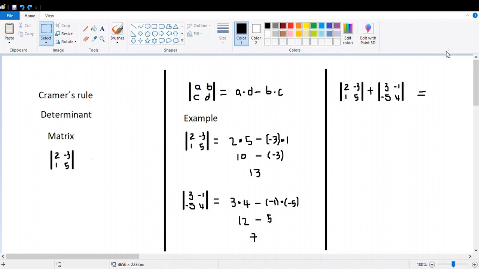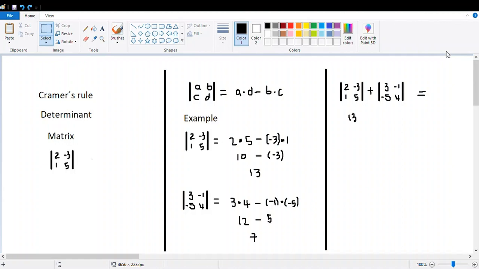Okay. Also, we can analyze this kind of exercise when the situation is asking us to solve the addition between two matrices. Okay, in this case, we have to find each determinant as we did with the first two examples. The first matrix we already found is 13.